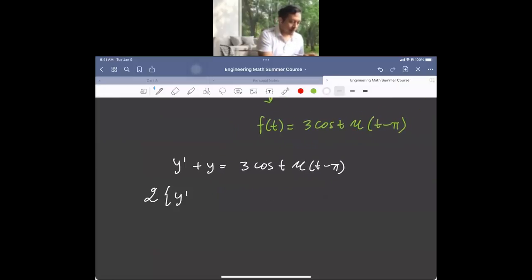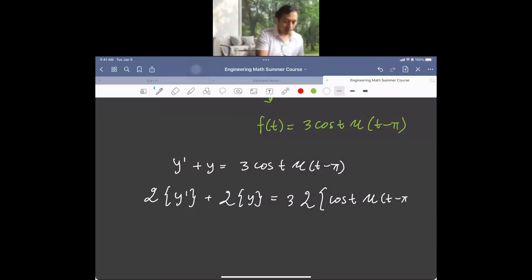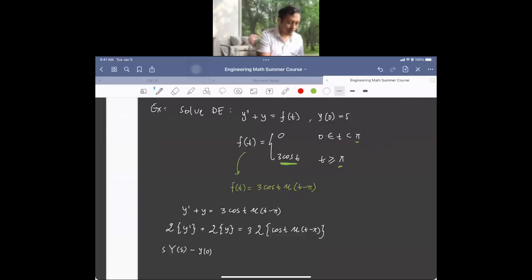So Laplace of y prime plus Laplace of y, and 3 Laplace of cos t Heaviside t minus pi, okay. And then as usual we get s Y(s) minus y(0).